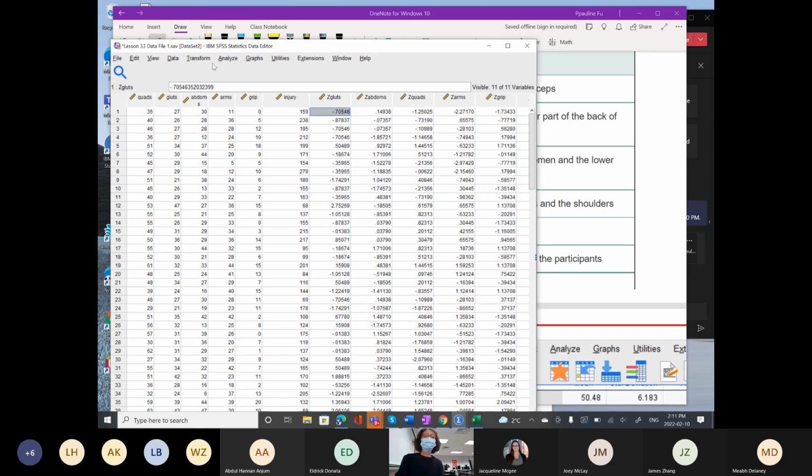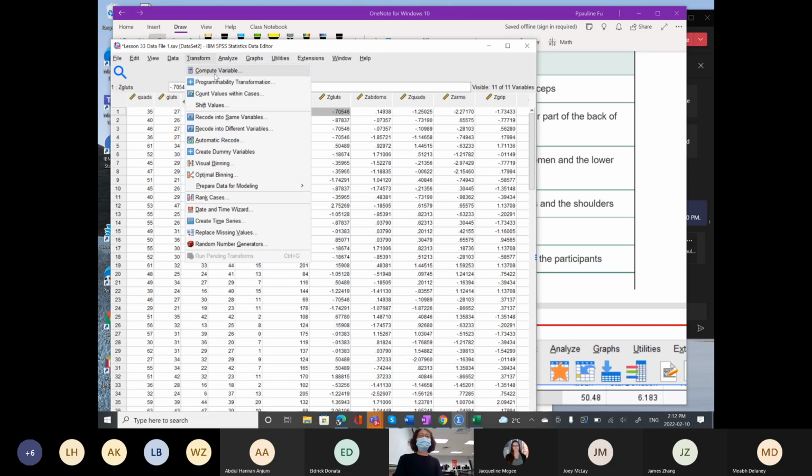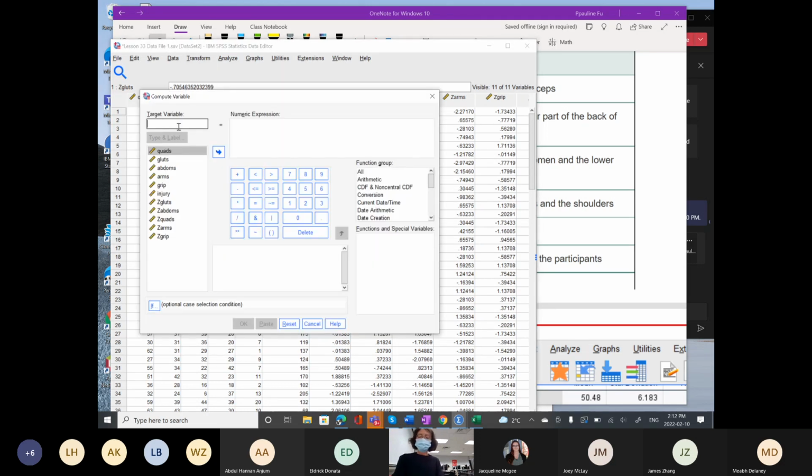So go to Transform, Compute Variable. The variable name is ZTOT STR. This is the new variable name.